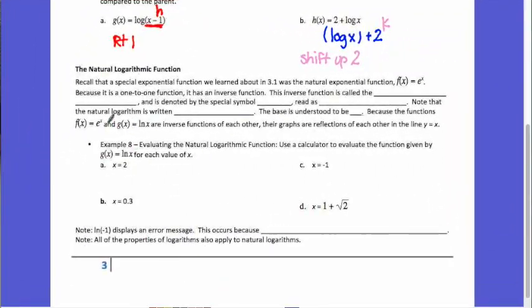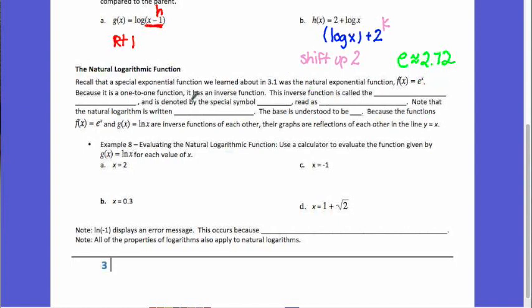We had briefly discussed in our introduction in chapter 3 the natural log function. In 3.1 we talked about e, and if you'll remember, e is approximately equal to 2.72. Remember, it's an irrational number, kind of like pi, because e represents a particular irrational number.